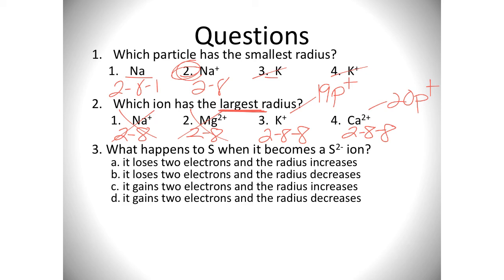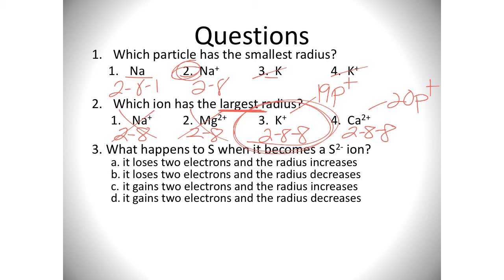Calcium ion is going to be smaller because it has a stronger nucleus pulling in the same number of electrons. So that means the potassium ion is going to be the largest because it's got 3 electron shells, but has less protons, so it's not as able to pull in those electron shells. So there's not as much attraction between the nucleus and the 18 electrons.